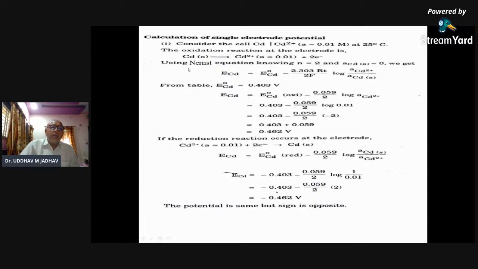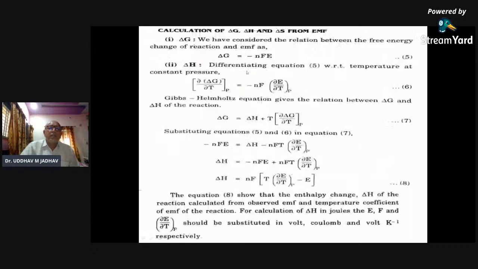From the table, last time we have seen the standard electrode potentials, and different values of standard electrode potentials are given.